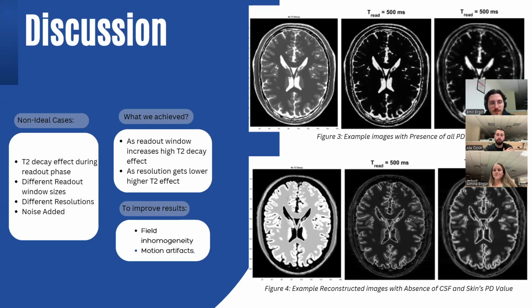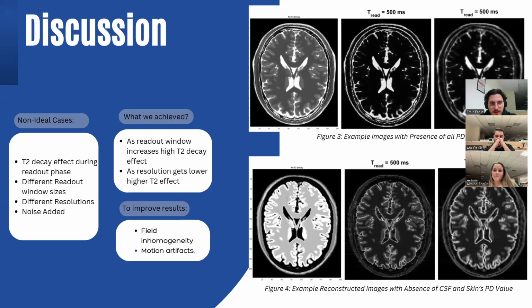As discussion, differently from the lectures, we looked at a non-ideal case possible to occur in real life, which is the effect of T2 decay during the readout phase, and we didn't explore it in detail in the lectures. Also, we varied resolutions to compare different scenarios. We also added noise to the image to make it more realistic.